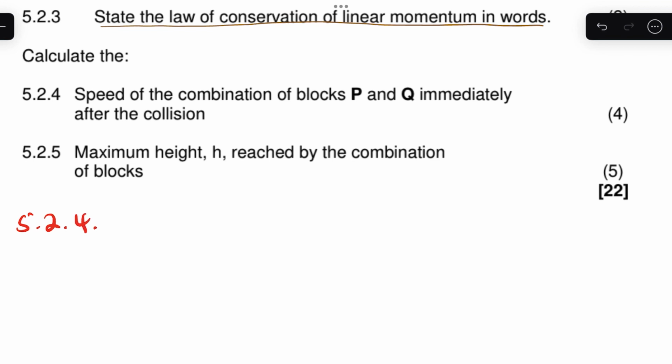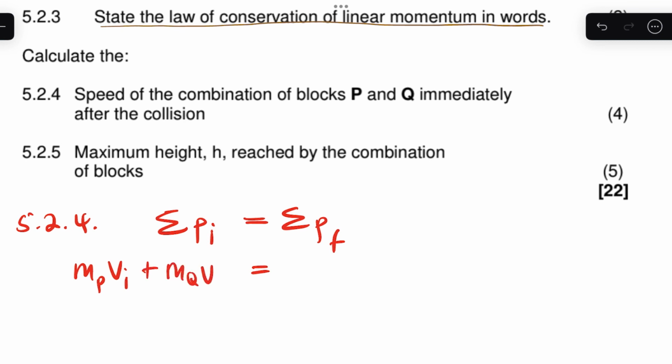5.2.4. So guys, we're going to use the conservation of momentum. Momentum before equal to the momentum after. So the mass of P with initial velocity, mass of Q times the initial velocity. As they move off together, guys, their masses are combined. So they have one velocity and one mass combined.